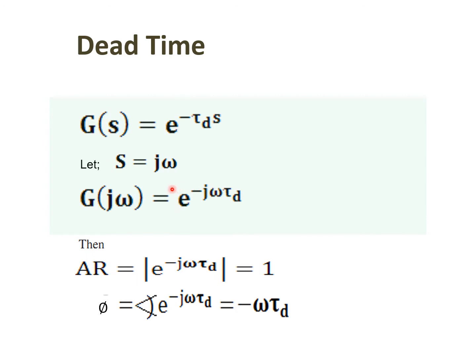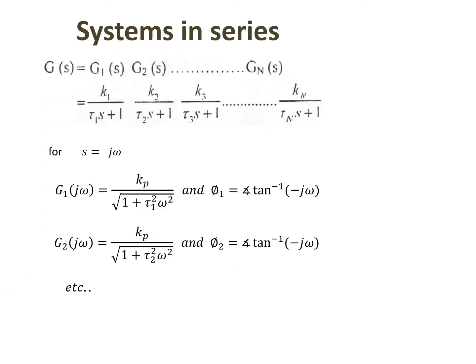The magnitude here is the AR, and the phase angle is this part here, minus omega tau d, for dead time, which is the simplest. You can prove yourself why AR equals 1 by looking at this and converting it into trigonometric form that gives you the real part and the imaginary part for the exponential system.